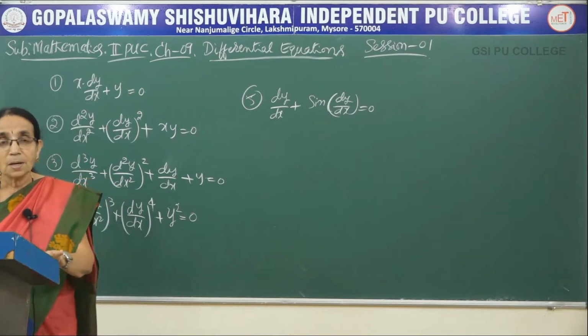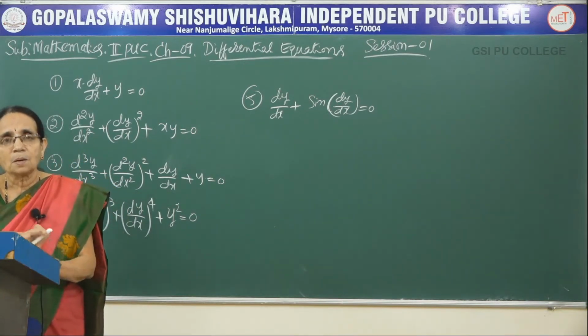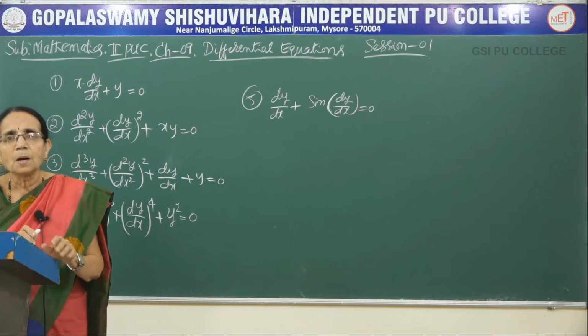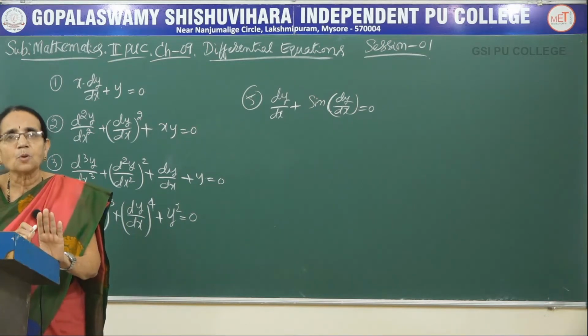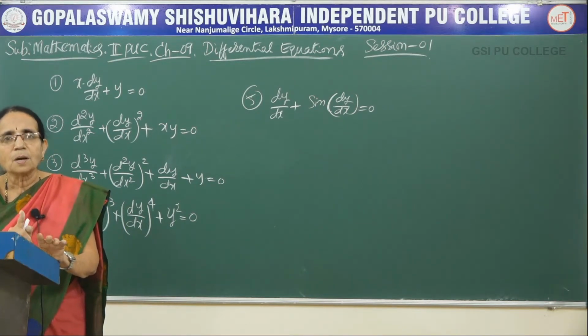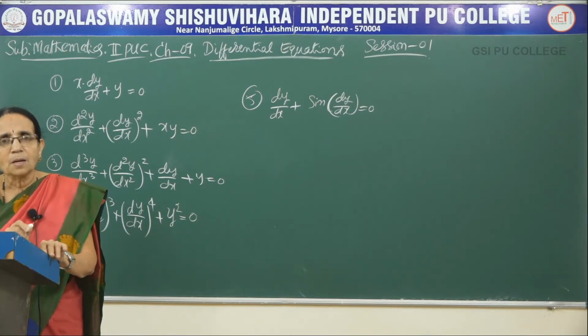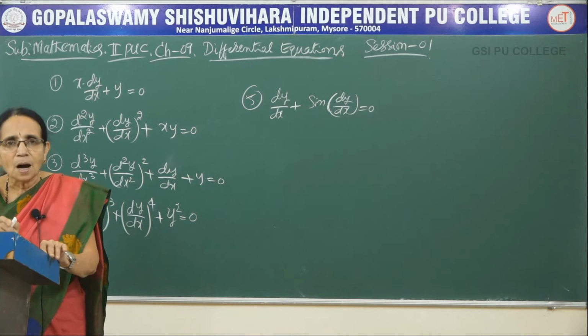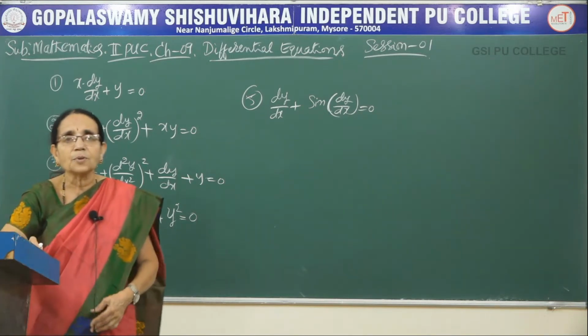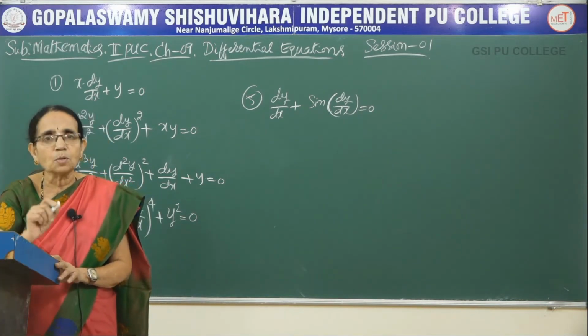Now in this chapter, in the present model paper, you can expect three types of problem. First one is a 2-mark question in part B, where you are asked to find out the order and the degree of the differential equation, which I am going to teach you now.